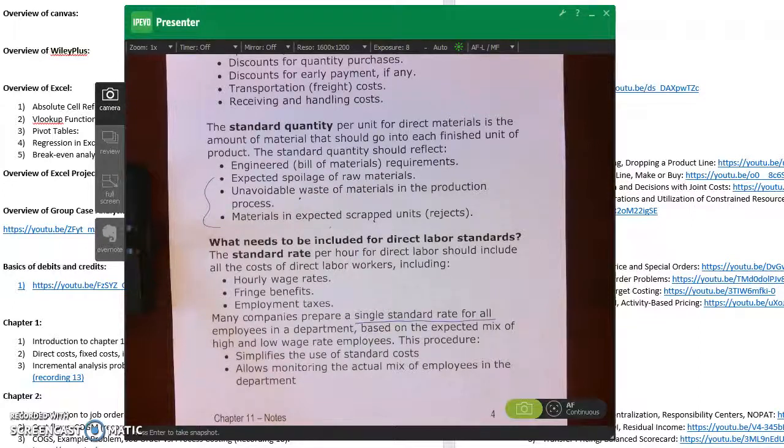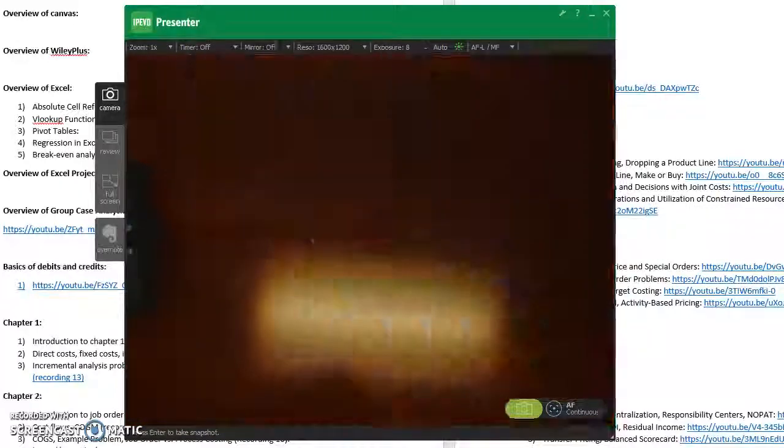But if the rates are pretty similar between advanced and senior, you may just want to use one single rate just to simplify things, because it will add another layer of complexity and it may not be worth it, okay? So that's what I'm saying over here. You might just want to use one single standard rate to simplify the use of standard costs, okay?